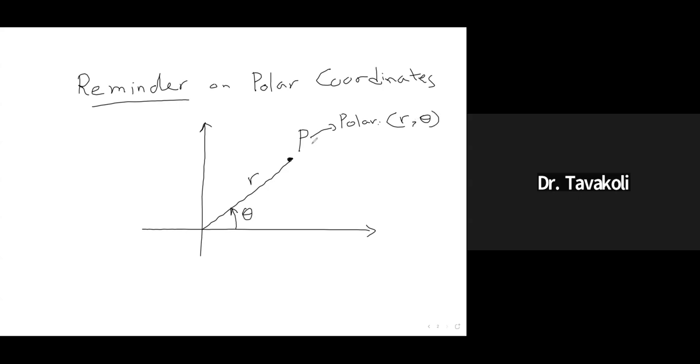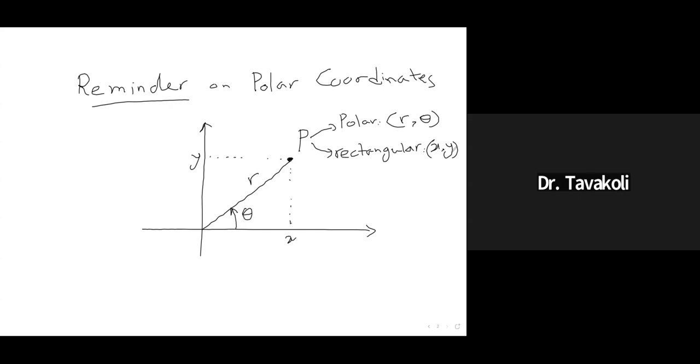But of course, in the rectangular coordinates, the one that is more common, we denote this by x and y. And as you know, x and y can be written in terms of r and theta and vice versa.